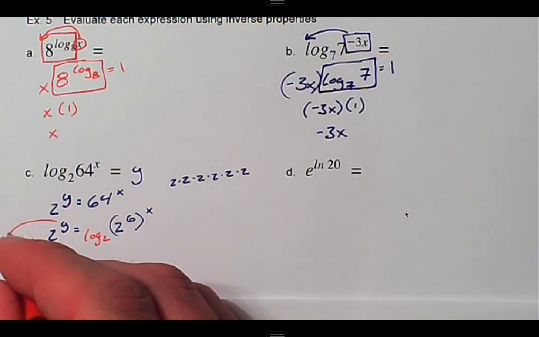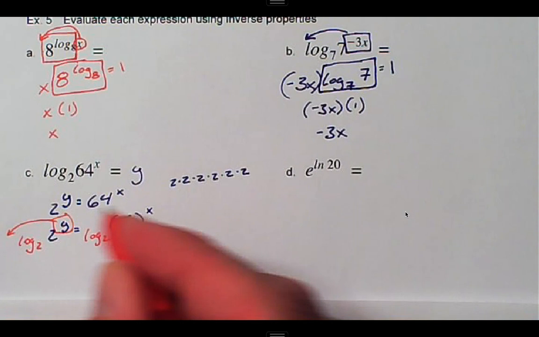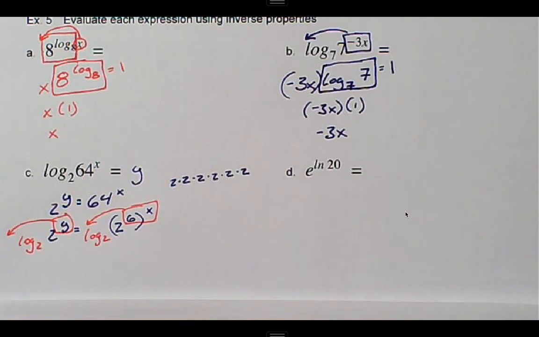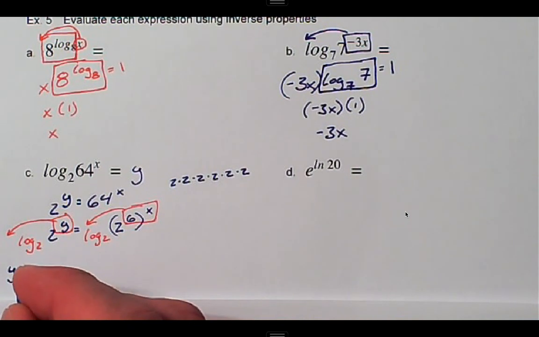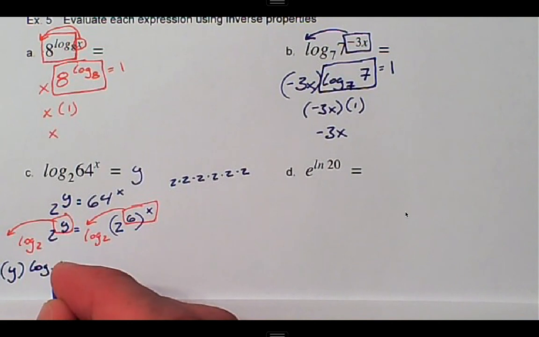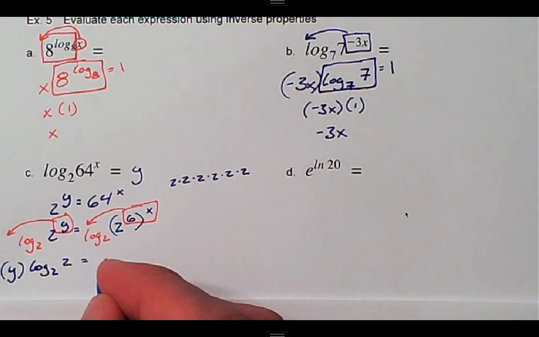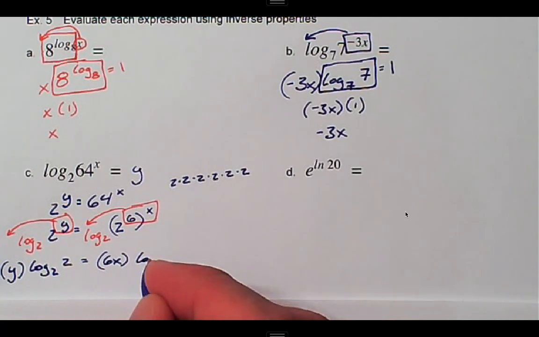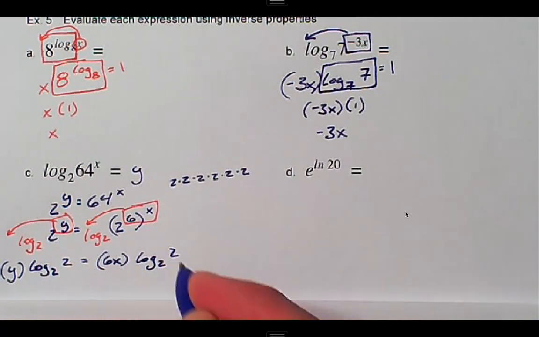So in both cases, we can take the exponent and move it to the front of the logs. So here we get y multiplied by log base 2 of 2 is equal to 6x times the log base 2 of 2.